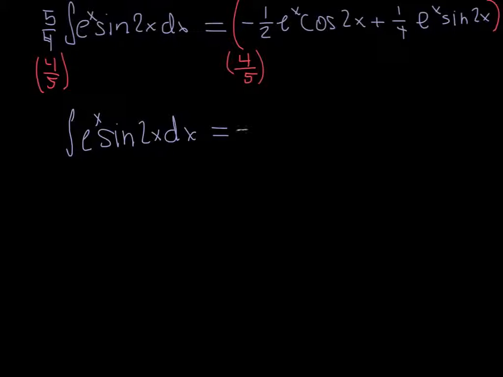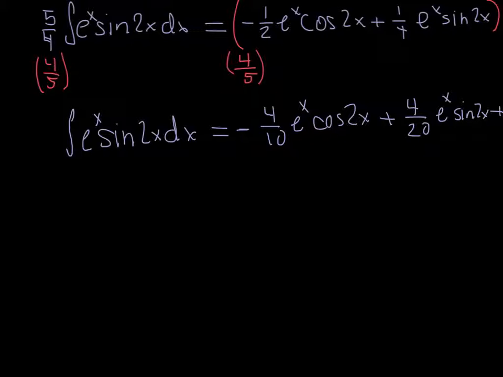So this is negative 4/10 e to the x cosine of 2x plus 1/4 times 4/5. I'll simplify at the end. 4/20 times e to the x times sine of 2x plus the constant.